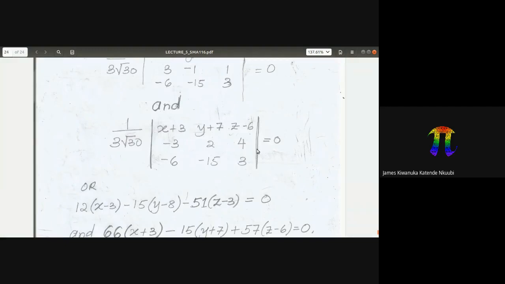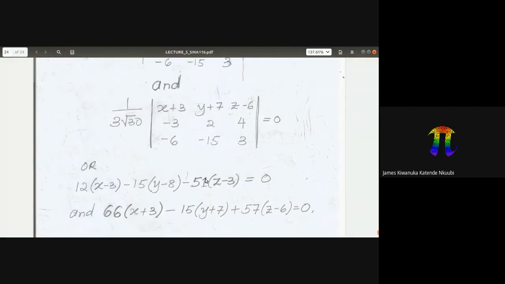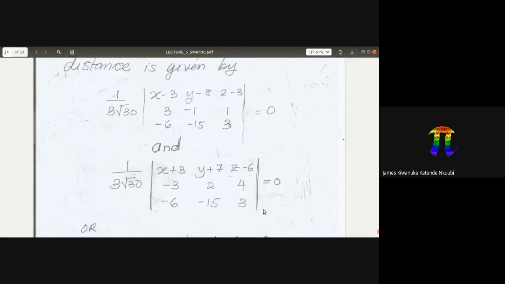So you can leave it in that form. These two planes actually represent the line that you're looking for, the values of x, y, and z that satisfy these two equations will give you the line that you're looking for.